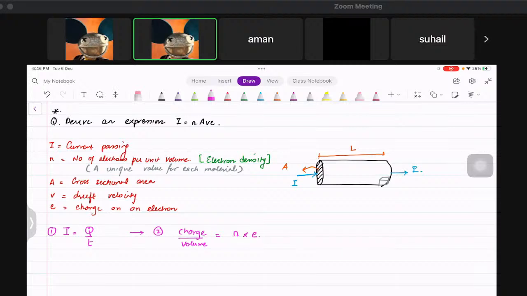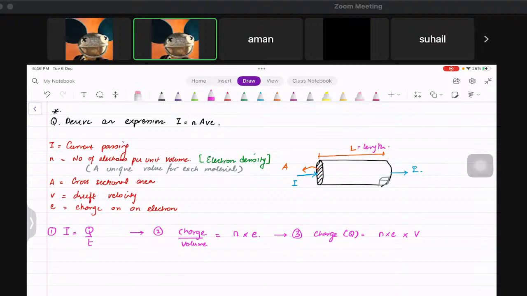And then third, the total charge Q will be n times E multiplied by volume. This is the length, by the way.